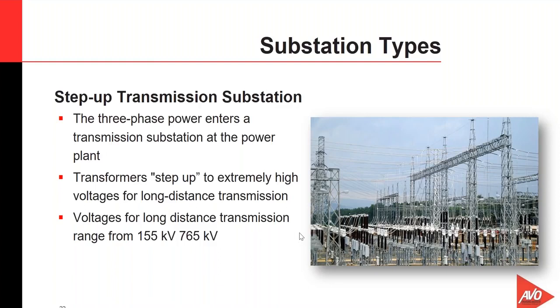Substation can have circuit breakers that are used to switch generation and transmission circuits in and out for emergency or as needed operations. Our step-up transmission system is generally going to range anywhere from 155 kV to 765 kV.